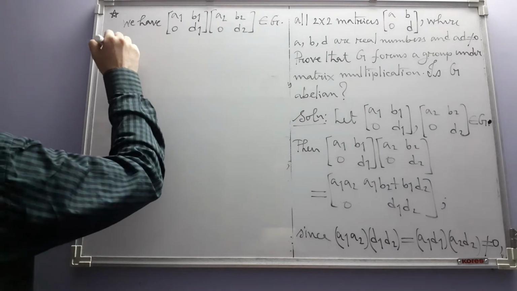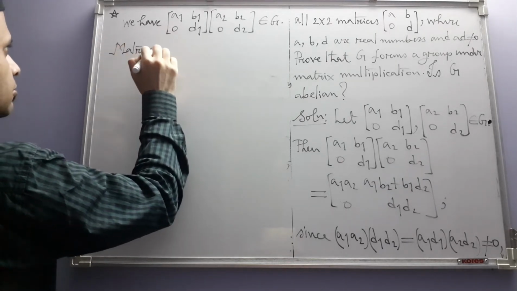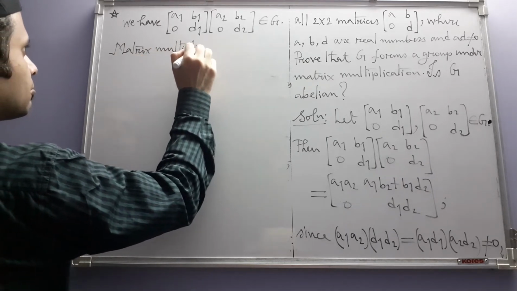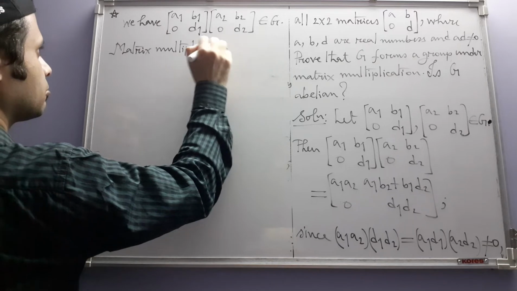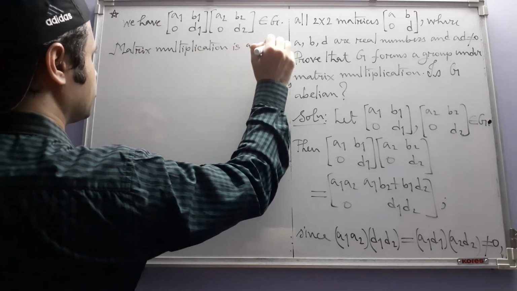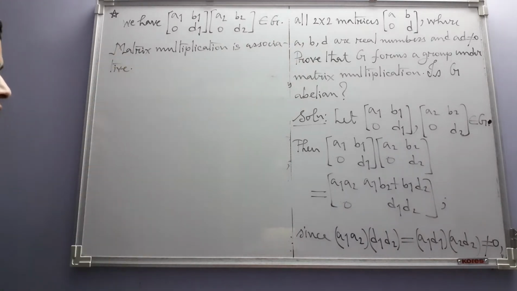Okay, matrix multiplication is associative. This we are supposed to know, and we have already seen this in school courses.